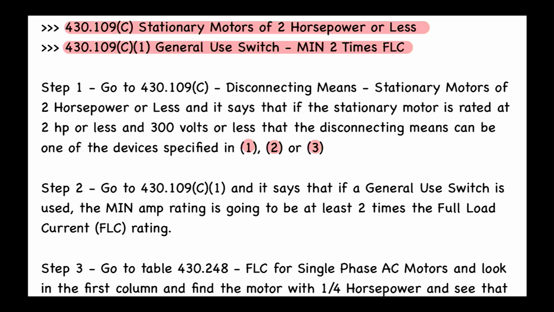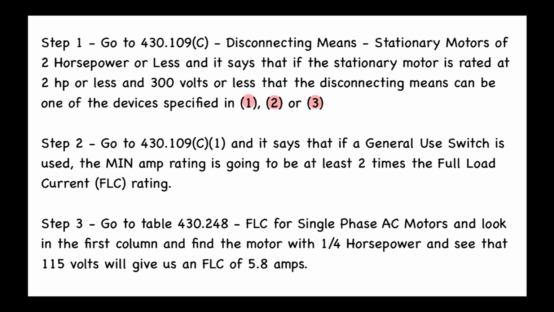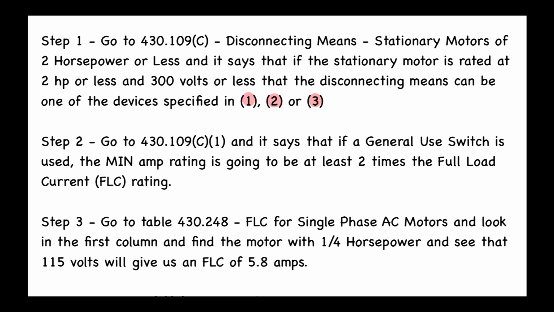So step number 2, let's go to 430.109(C)(1), and it says that if a general use switch is used, the minimum amp rating is going to be at least 2 times the full load current, and we call that the FLC rating.